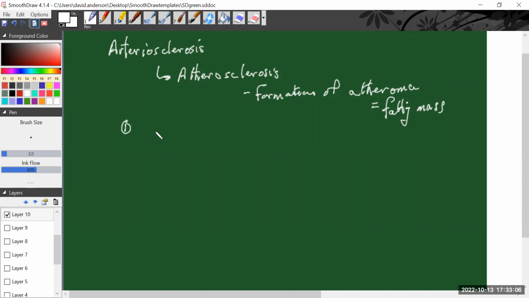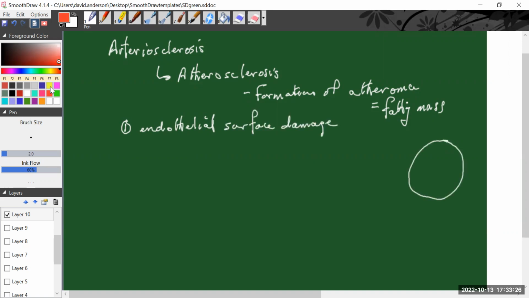So for the formation of these atheromas to start, the first thing that has to happen is we have to have some sort of endothelial surface damage. So you remember that the endothelium was our inner lining, and then next to the endothelium, which was our tunica intima, we had a thicker layer of tunica media, smooth muscle cells.